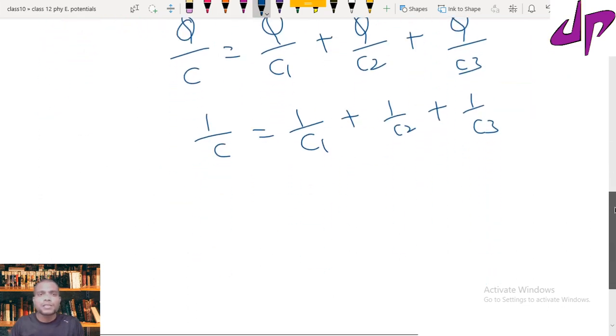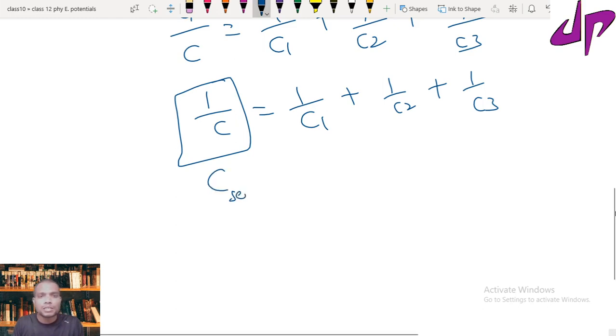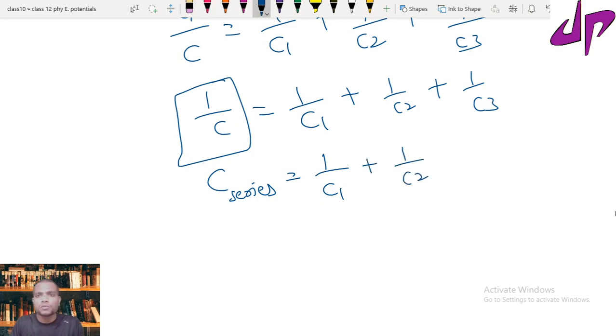To get the resultant capacitance, these terms we call capacitors in series. So 1 over C for capacitors in series equals 1 over C1 plus 1 over C2 plus 1 over C3.